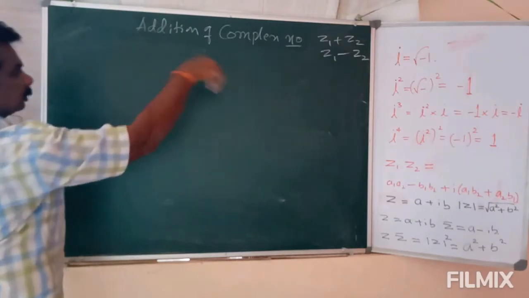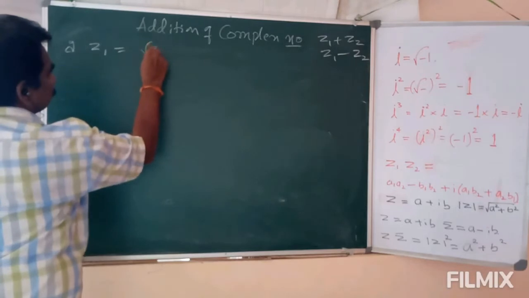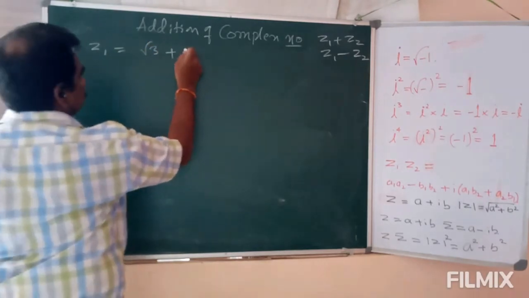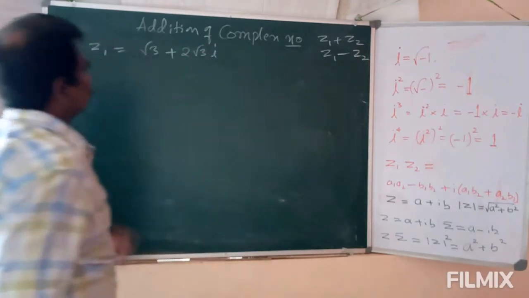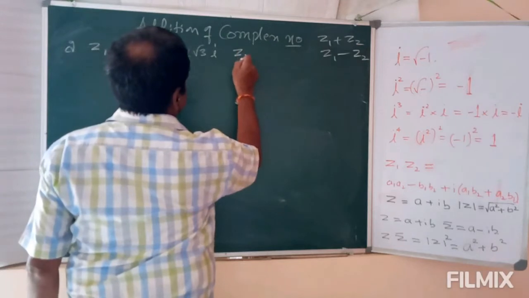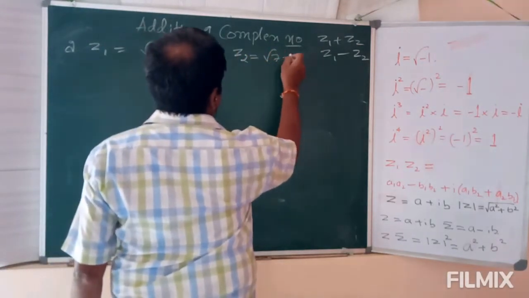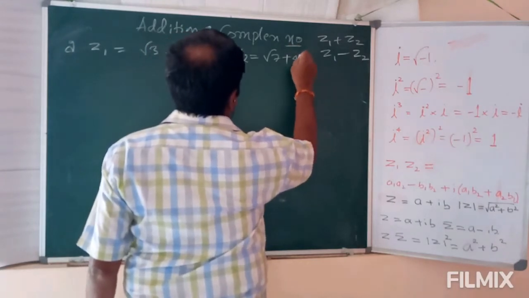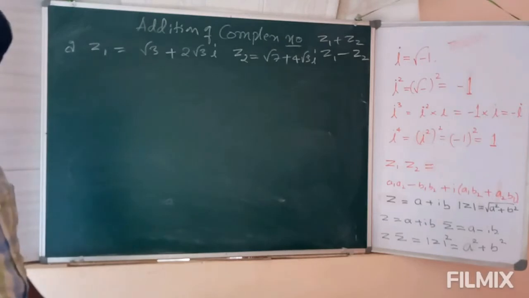Find Z1 minus Z2 if Z1 is equal to root 3 plus 2 root 3i, and Z2 is equal to root 7 plus 4 root 3i.